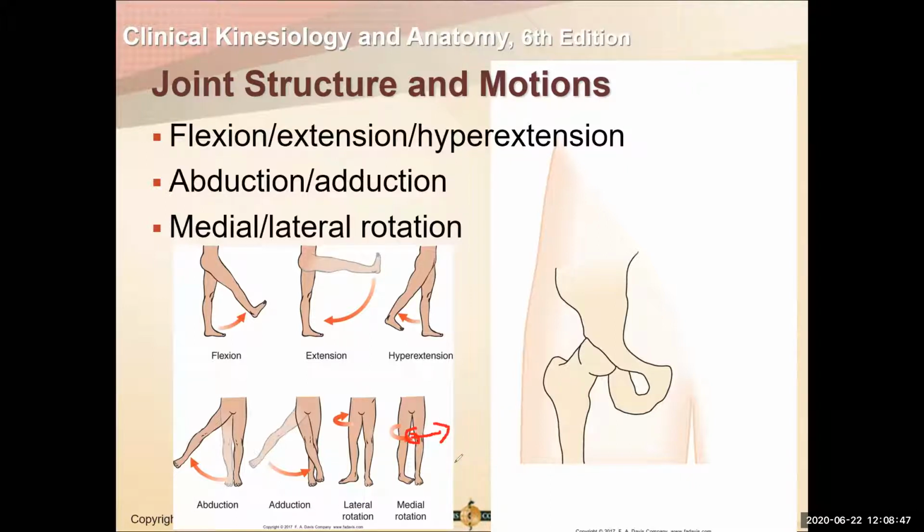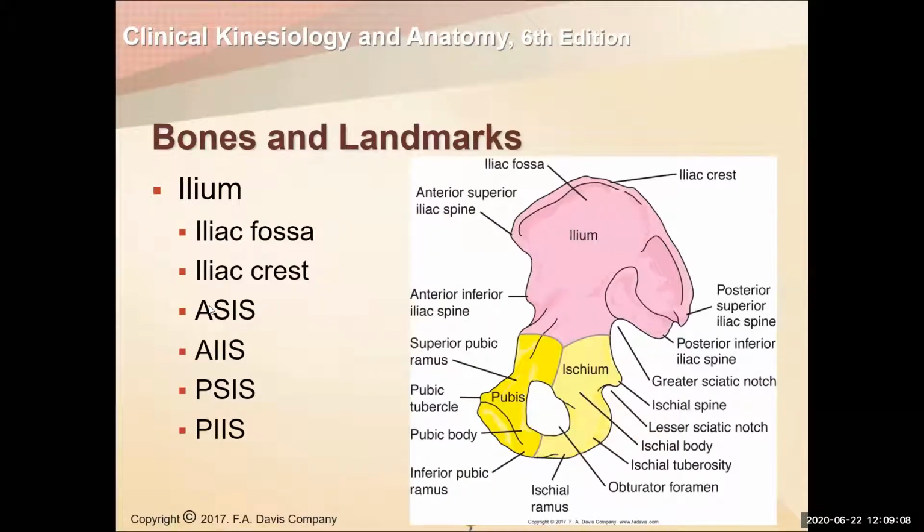If the knee is pointed inward, it's medial rotation of the hip. If it's pointed outward, it's external or lateral rotation of the hip. You have to get really good in your brain at understanding that medial is this, lateral is that, because otherwise you get thrown sometimes when looking at those.